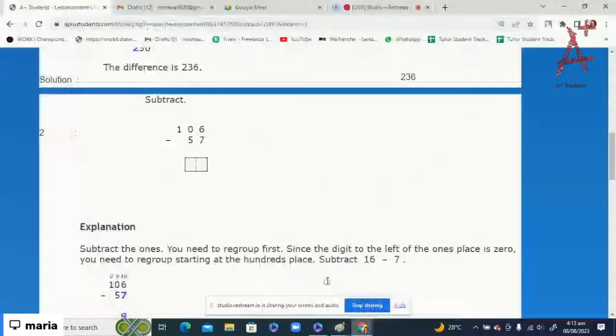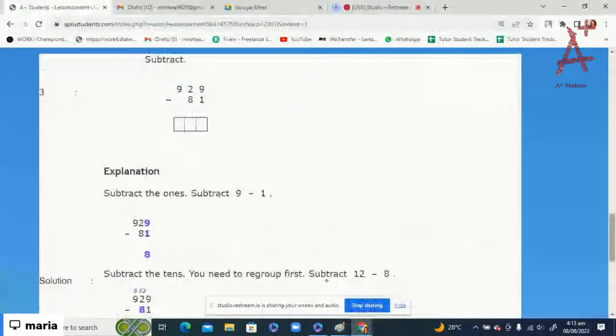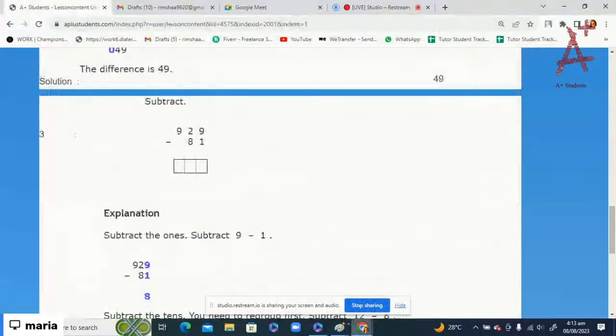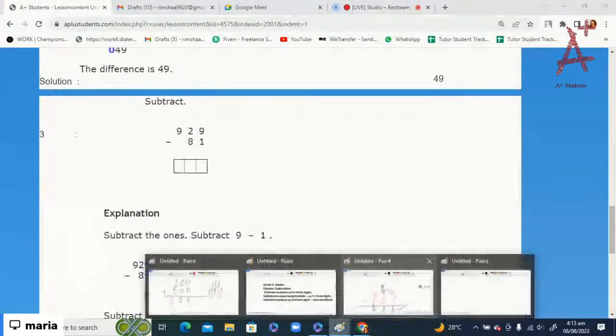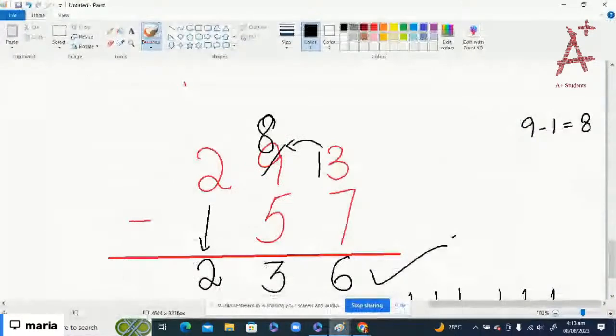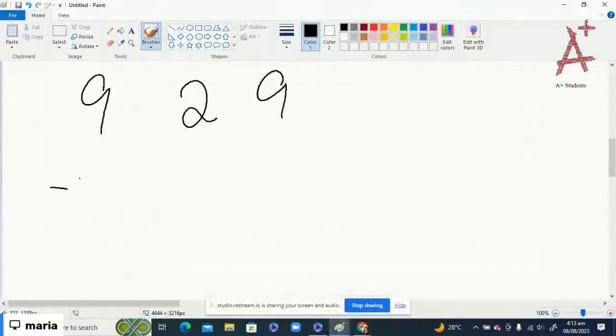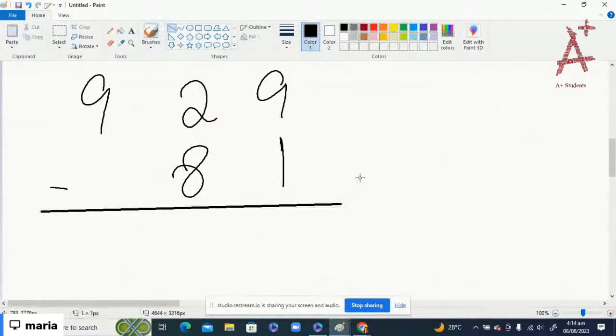Okay, let's do the next. Here is the question. 929 minus 81. Just tell me, what's the answer when you subtract 1 out of 9?